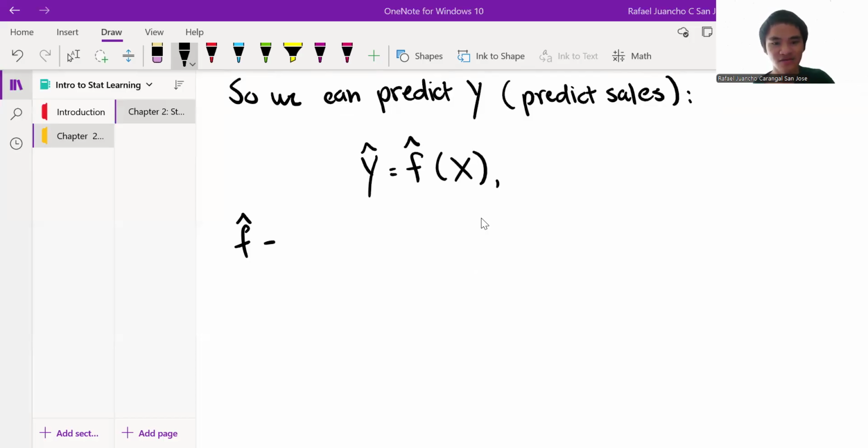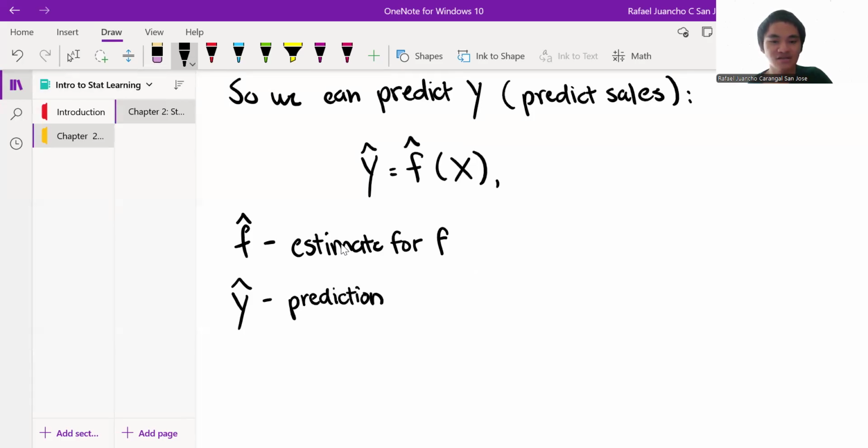That f with the arrow is just an estimate for our actual f function. Y-hat is the prediction. Again, it's a prediction, it's not accurate. So that's the prediction for Y.